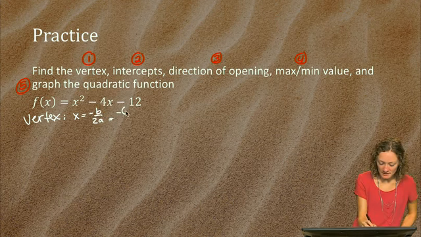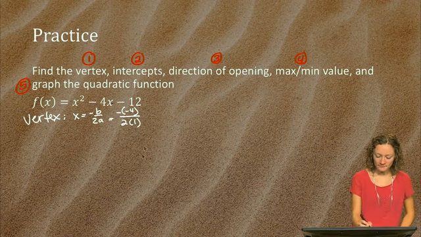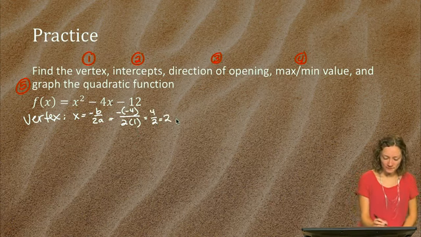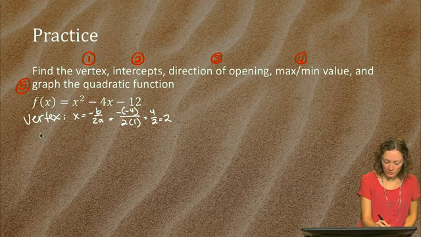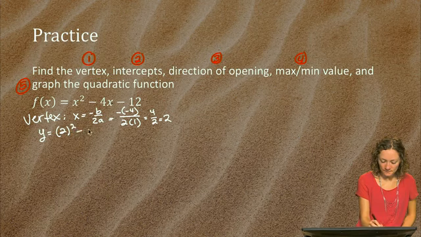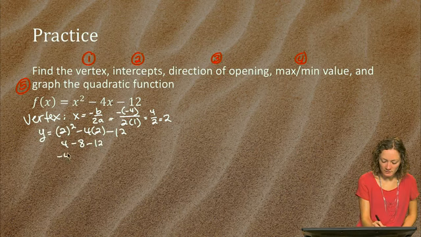Negative, my b is -4, over 2 times my a is 1. Which gives me a 2. Then the y coordinate, plug in that 2. We get 4 minus 8 minus 12.